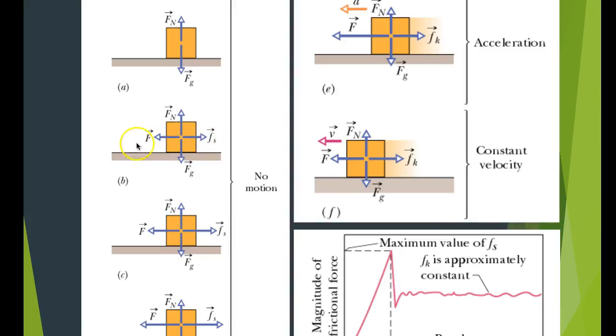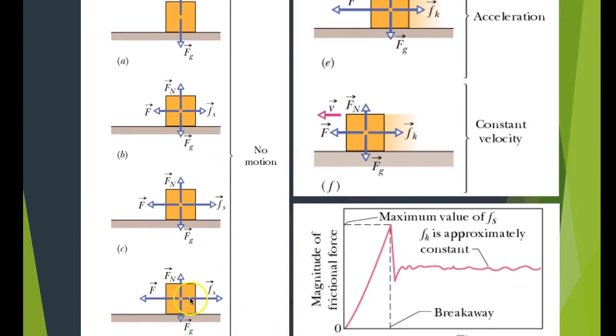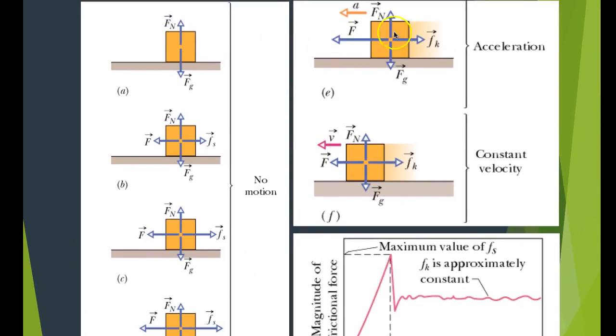Let's say that we push a little bit harder. Well, static friction is still balancing out, and as long as it's capable of balancing out, it's going to keep pushing back, even as we push harder, until we push beyond what static friction is capable of pushing back with. At that moment, it starts to slide, and the static friction turns into kinetic friction.